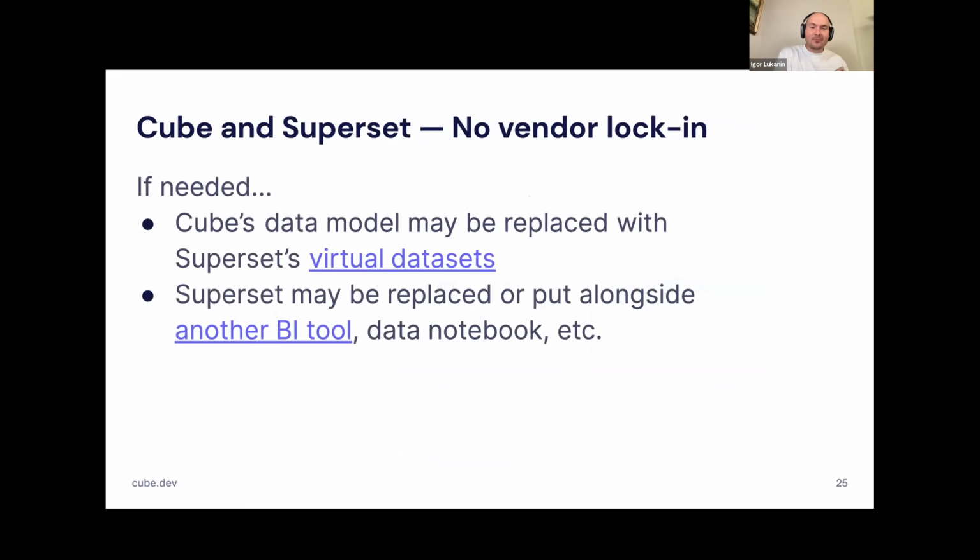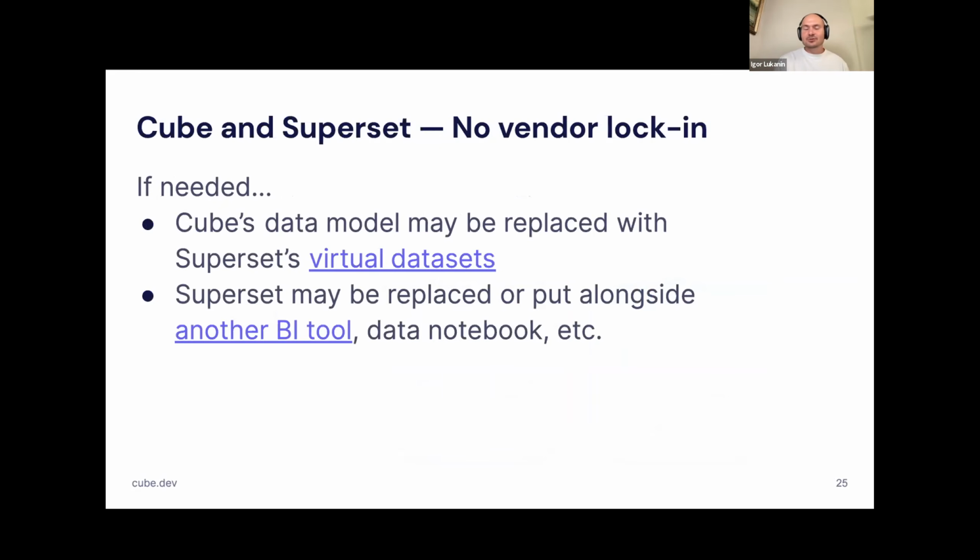So one of the ways you can drop Cube is to take the queries that Superset runs against Cube, and the queries that are more interesting, the ones Cube runs against your data source, and just convert those queries into the virtual datasets that Risham just covered. And that would be your way to go forward. Your Superset dashboards will be intact.